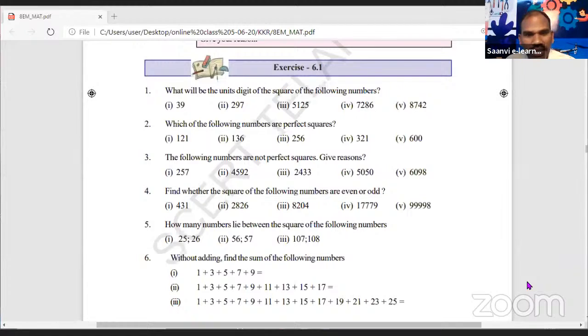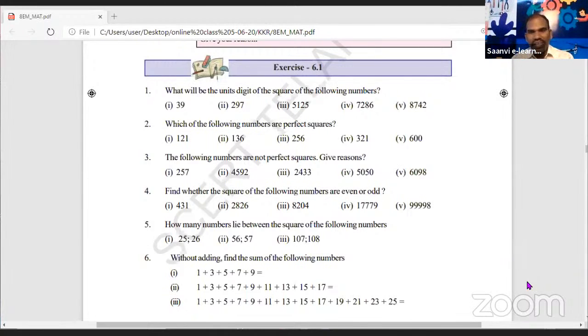Next, fourth bit. Find whether the square of the following numbers are even or odd. See here, odd number square: odd number into odd number, always we will get an odd number.